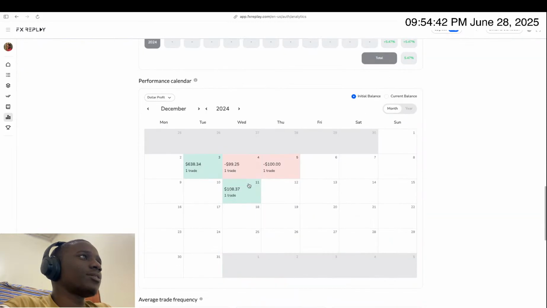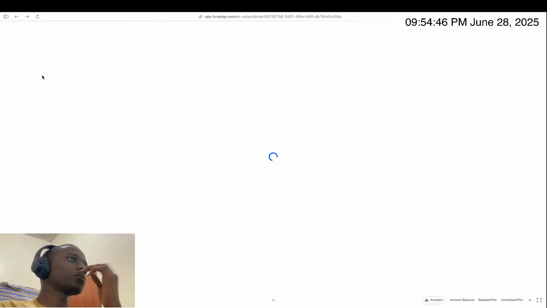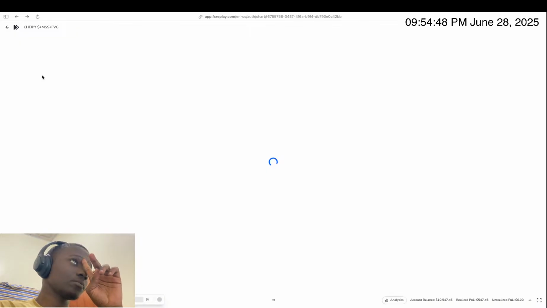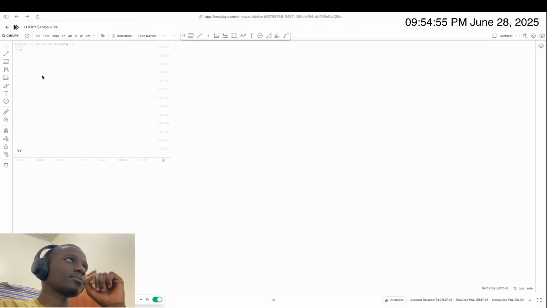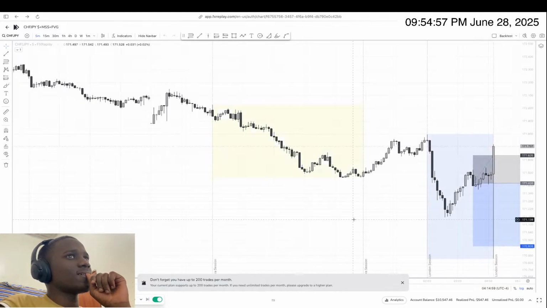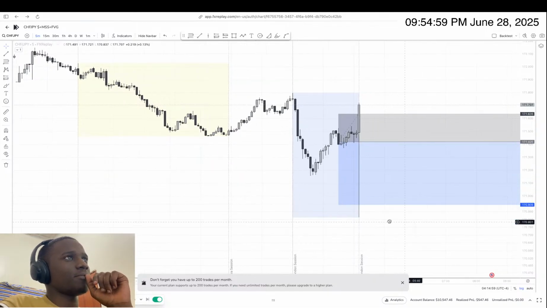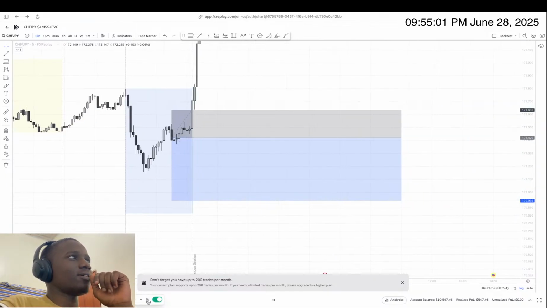Where was the trade? It's this one. Huh. It's crazy. Which means this trade hit take profit even though it closed above us.